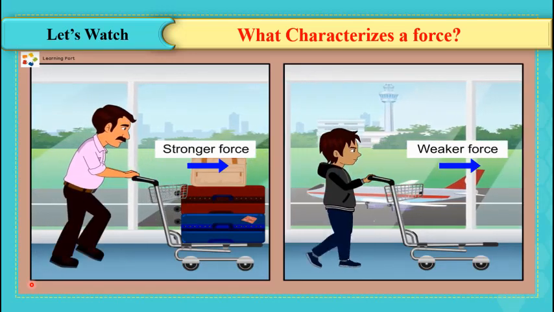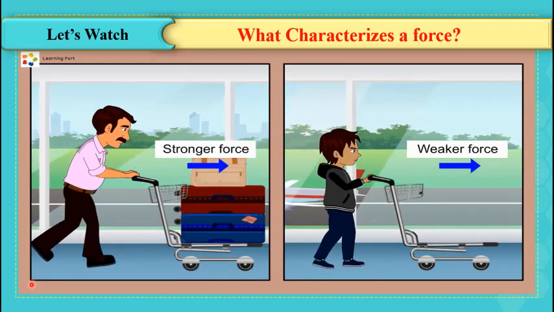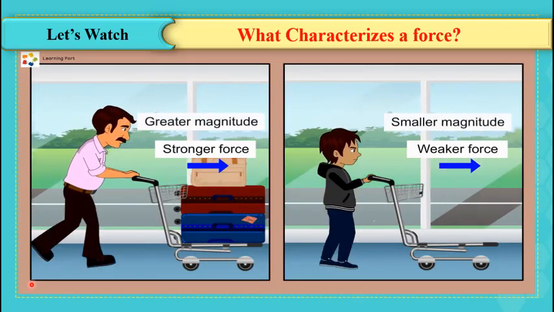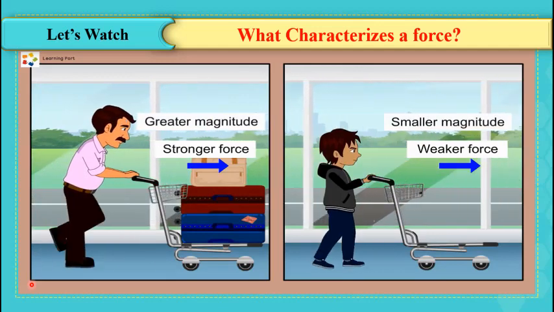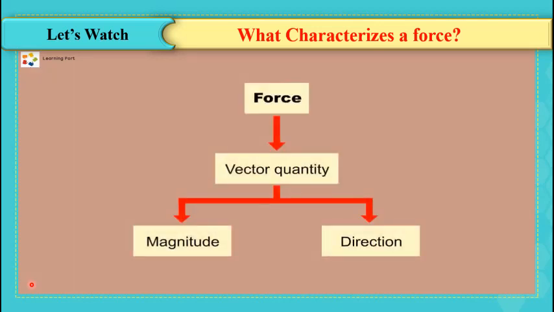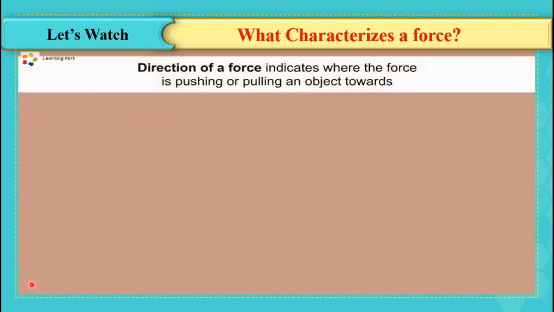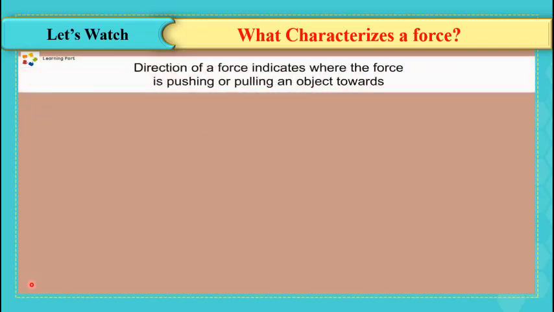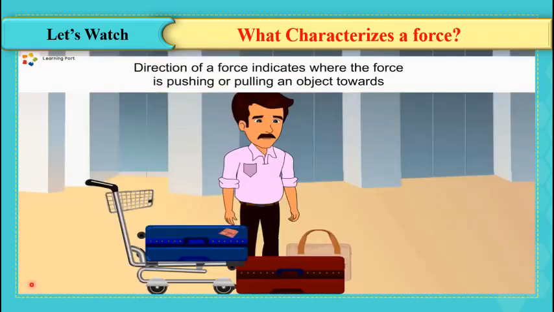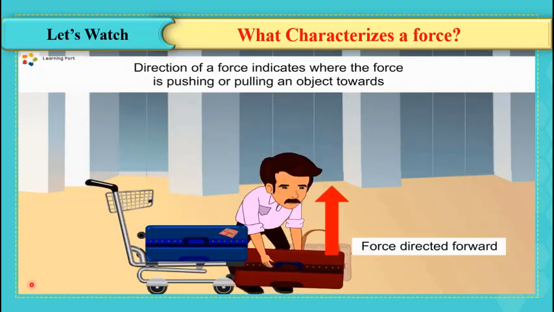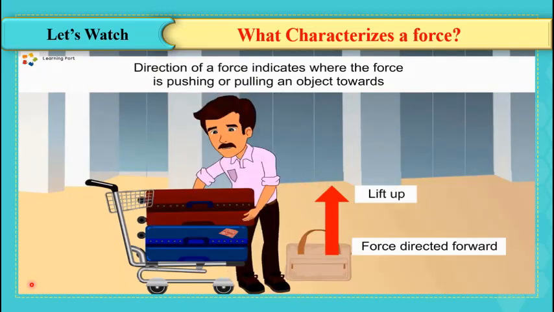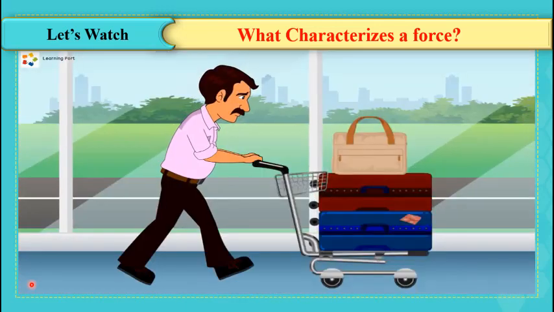In other words, the magnitude of the force applied by the man is greater than the magnitude of the force applied by the boy. The direction of the force indicates where the force is pushing or pulling an object towards. For example, this man applies a force directed upwards on the suitcase to lift it up from the ground.